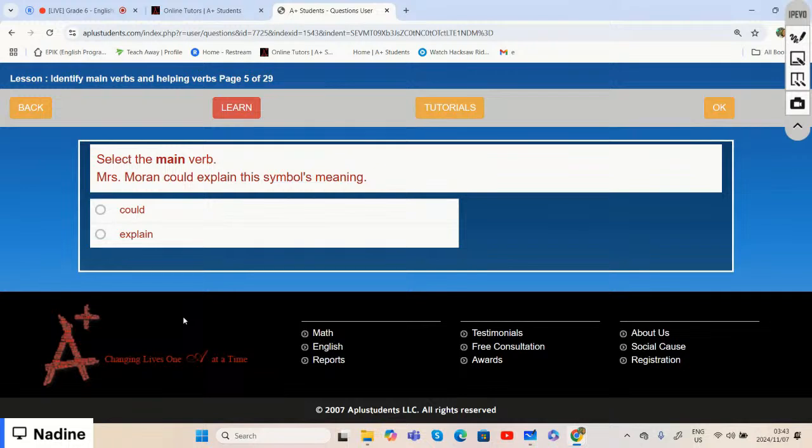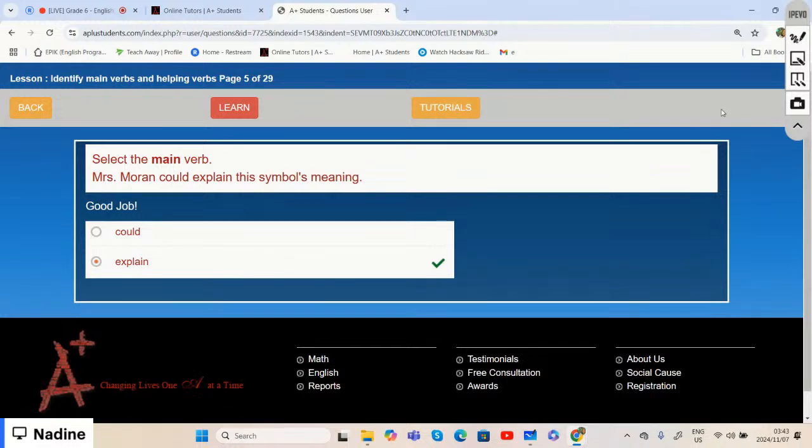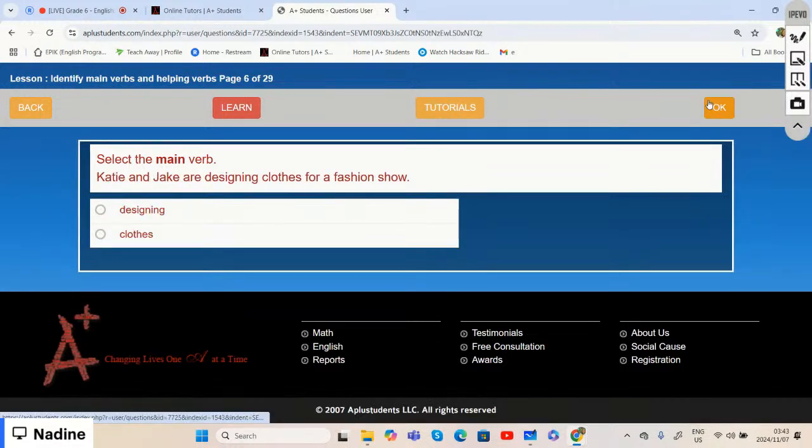And if we were to select our main verb, then our main verb is explain. Our helping verb is could.